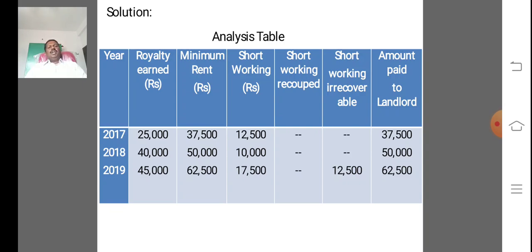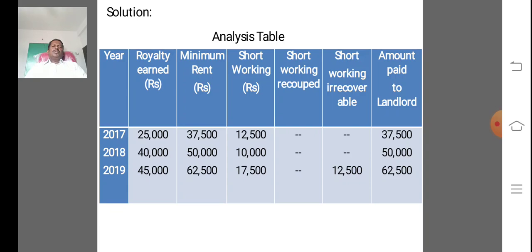In 2018, royalty earned 40,000, minimum rent 50,000, and in this case also royalty is less than minimum rent. The shortage is 10,000. Amount paid to landlord 50,000.